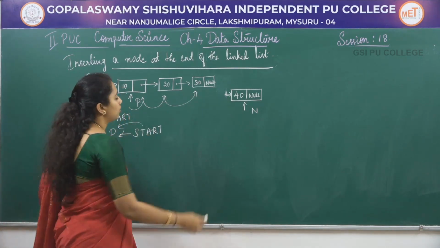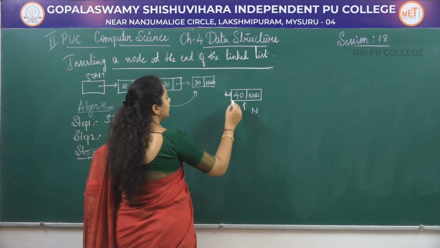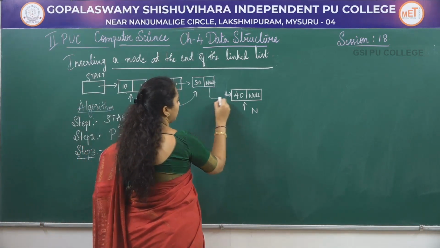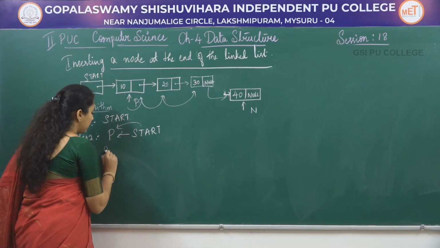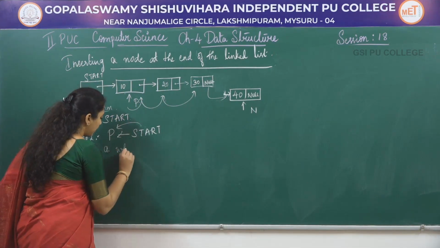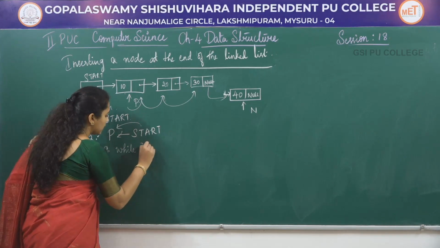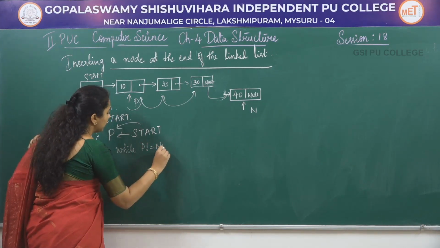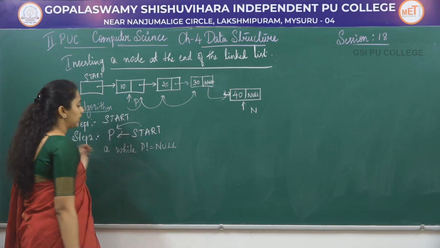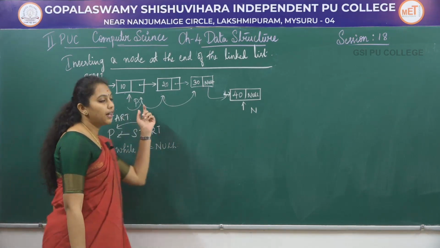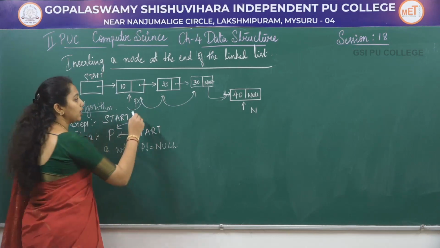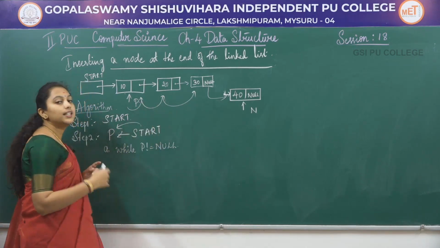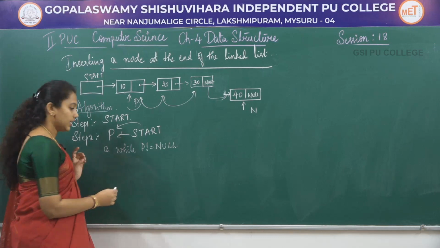Now we are going to link this third node to the new node. So here we check while p does not equal null. That is, if the link part of the node does not contain null, we traverse to the next nodes in the list.